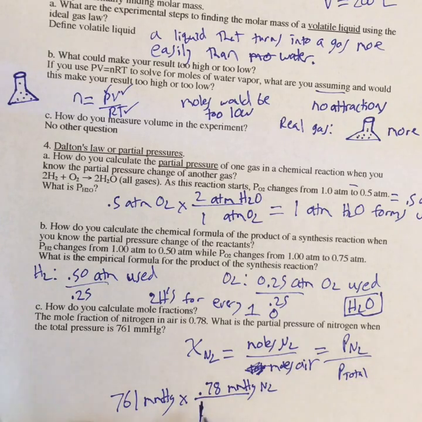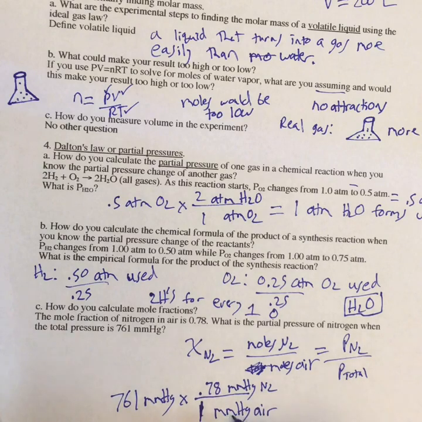It's 0.78 over 1. That's how fractions work, if they don't have something for the bottom, it's just 1.